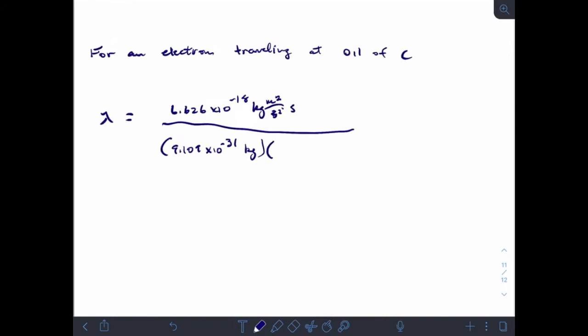And 1/10 of the speed of light is 0.3 times 10 to the 8 meters per second. Okay, that gives us a de Broglie wavelength for the electron of 0.0242 nanometers. Right? Those are X-rays, which are completely practical.